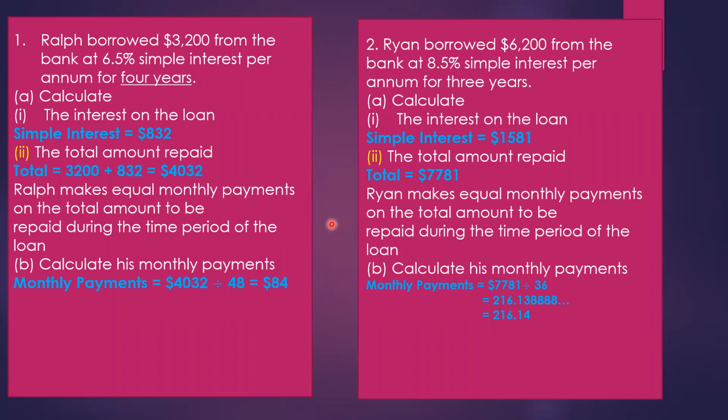They said 4 years, so that would be 48 months because they said equal monthly payments. So you divide $4,032 by 48, and that gives you $84. All right. Very good.